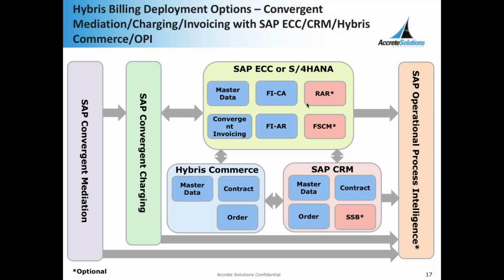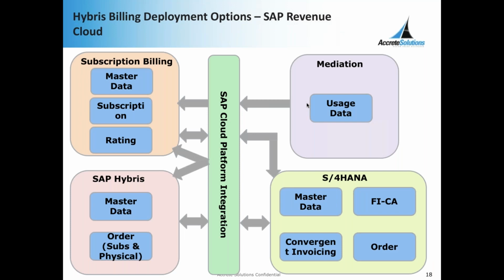processed and fulfilled. The last option is the Revenue Cloud option, wherein you have the similar components. It is still being developed by SAP, so it is not as powerful as the Hybris Billing solution. I mean, nowhere close yet. But you have a mediation solution wherein you have the usage data, and all the systems are on the cloud.